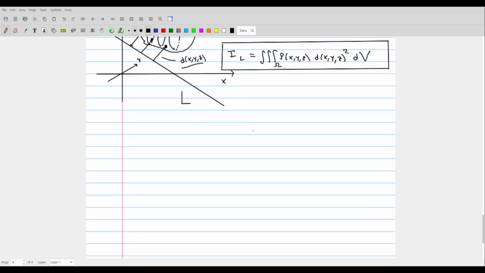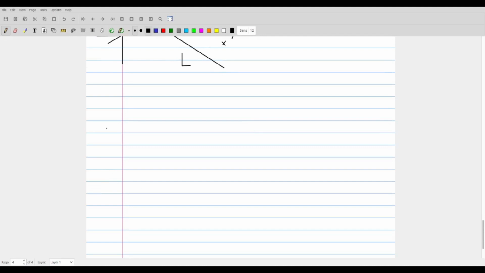Using this idea, we can actually define specific moments of inertia about each axis. So the moment of inertia of this region about the x-axis is going to be the triple integral over omega of the density function times the distance of any point in this three-dimensional region omega to the x-axis squared, which will be y squared plus z squared.